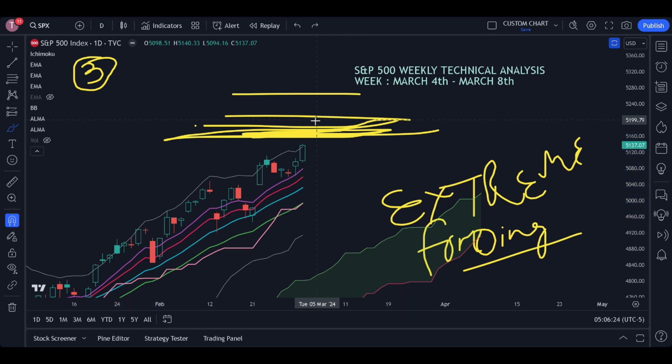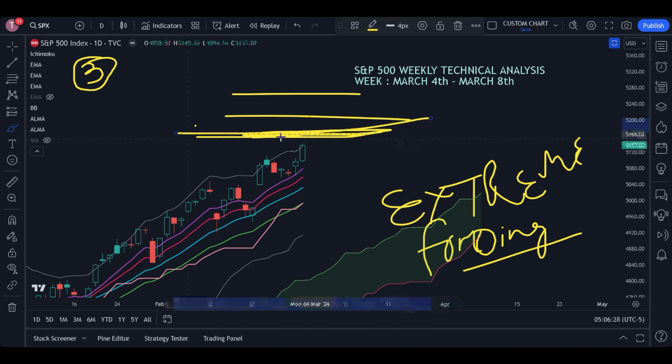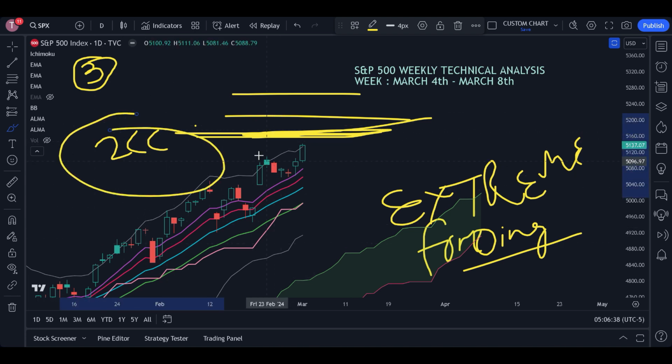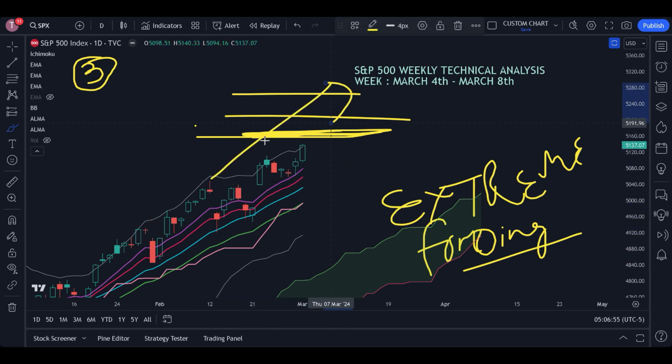Other than that, there is a very heavy, extremely heavy resistance level, somewhere around here. We have to see how the S&P 500 performs at that level, because if it fails, or if it gives 2 consecutive closings below that level, it moves up, hits, fails, gives 2 consecutive closings below that level, then something like this will happen on the bull side.